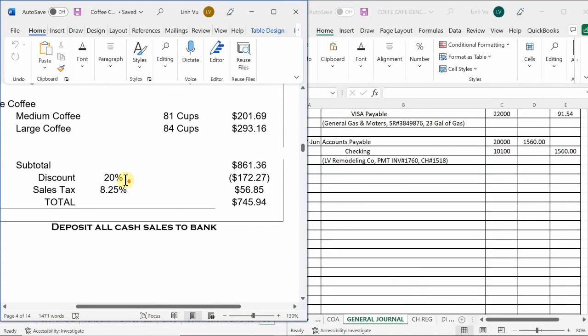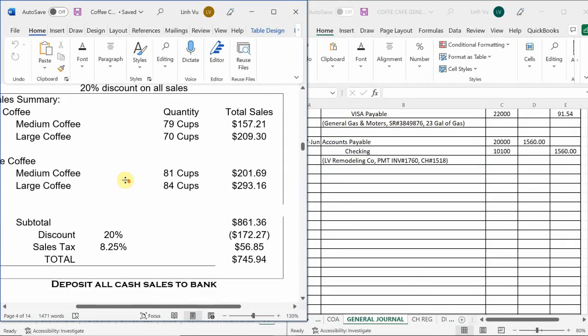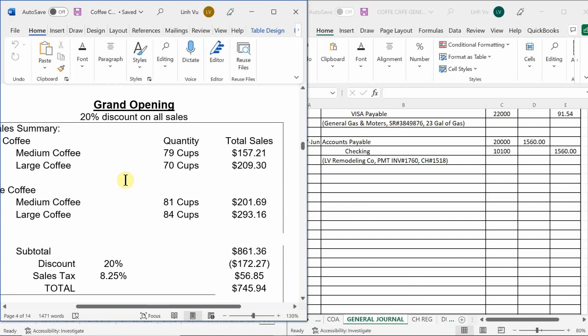So then here we are. Finally, we got some grand opening sales. Nothing much to do on the very first day except wait for customers to arrive and take in some orders. For the grand opening sales, there's a 20% discount.